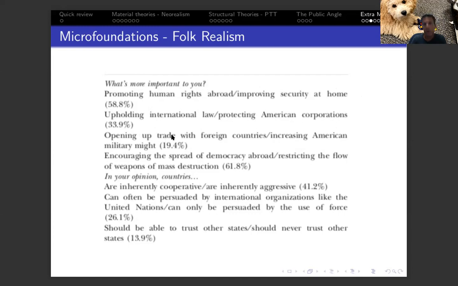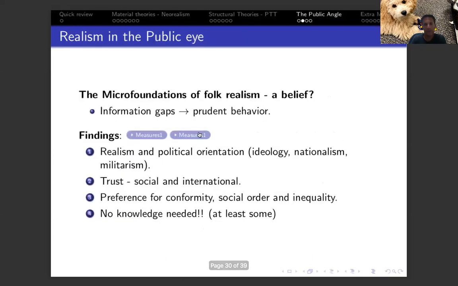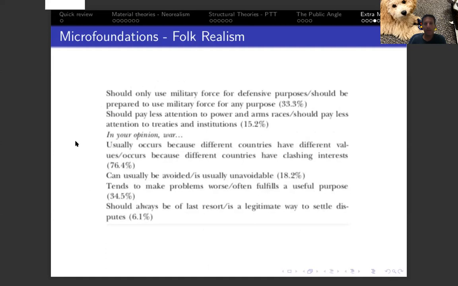We have here opening up trade with foreign countries or increasing military might. So actually here, the tendency is more toward increasing trade than actually increasing military capabilities, which again, the second part of the question fits more with the realist interpretation.